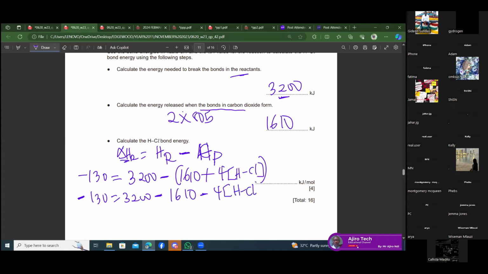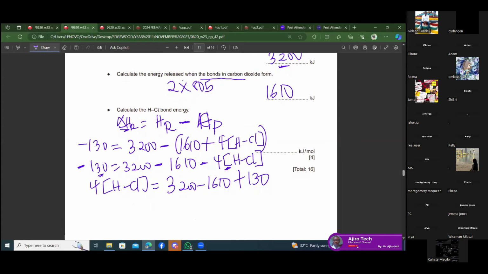4HCl. So we could move the unknown to the other side. It becomes 4HCl equals, on the right, 3,200 minus 1610. This moves to the right to become plus 130. From here, you could use your calculator: 3,200 minus 1610 plus 130.